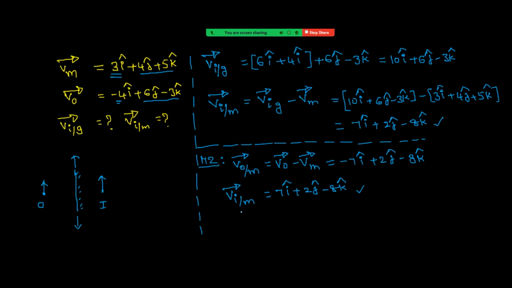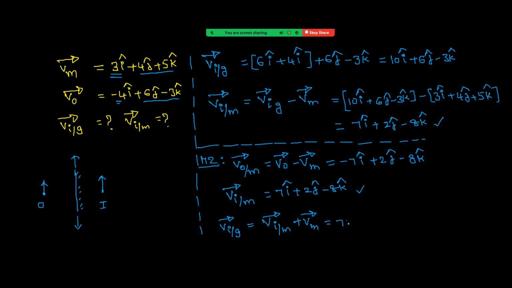Okay. Now, after having this, we can calculate velocity of image in ground frame. That is equal to velocity of image with respect to mirror plus velocity of mirror. These things we have discussed in relative velocity concept. Now substitute values here.